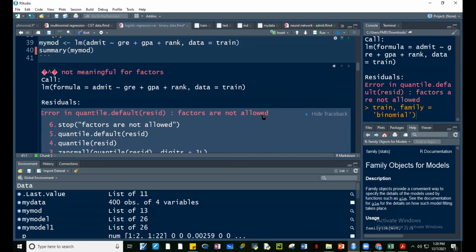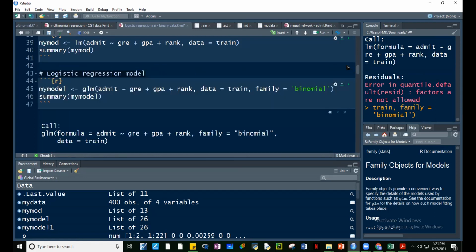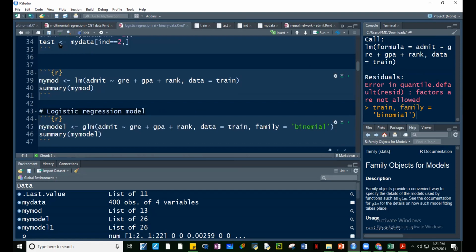Okay, what are we being told here? Factors are not allowed. Okay, kasi guys, yung response variable natin, yung dependent variable natin, this is a categorical variable. Okay, so hindi siya nag-run, no? Hindi nag-run dito sa LM function. Okay, lagyan natin ng note to.